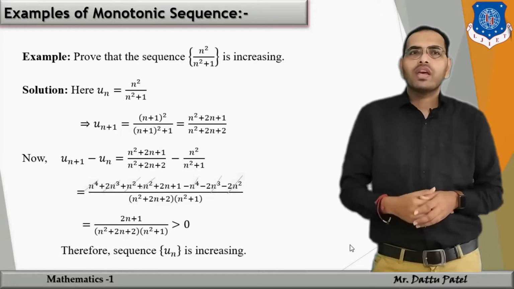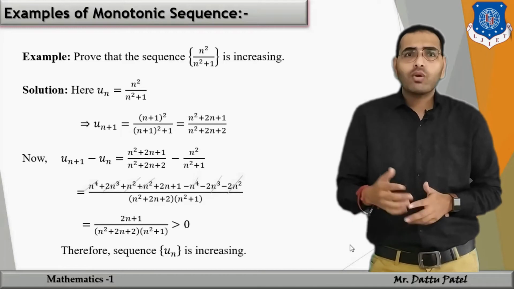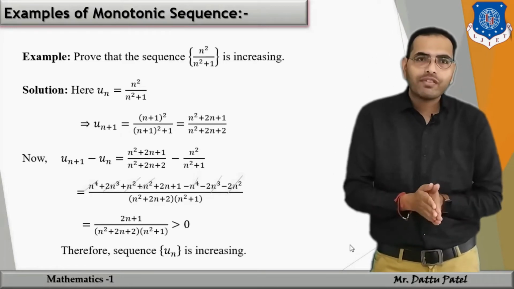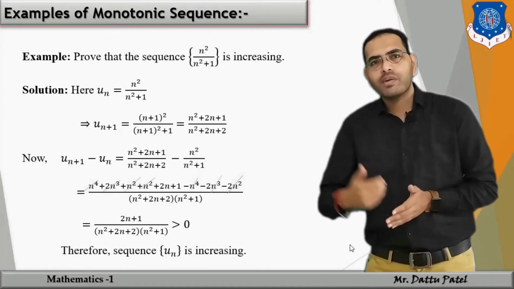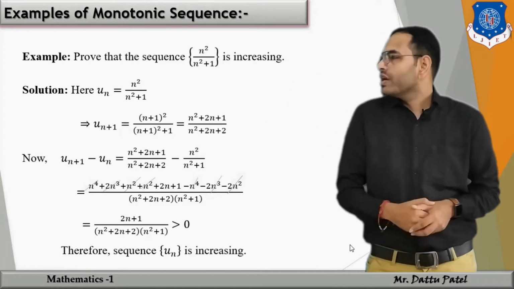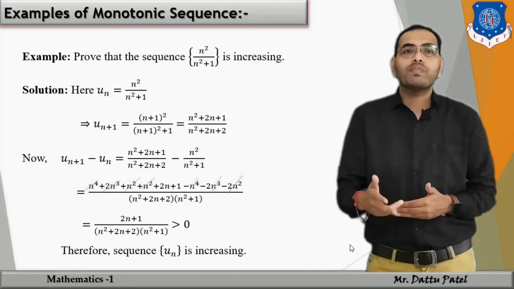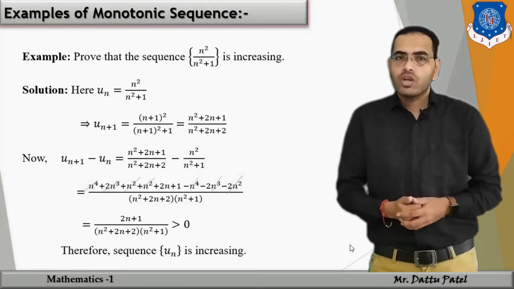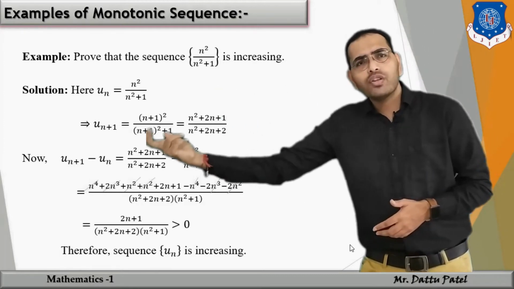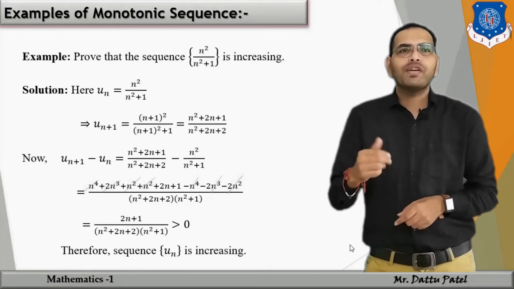Let's see. Here u_(n+1) equals (n plus 1) whole square upon (n plus 1) whole square plus 1. With the help of the basic algebra formula, we get in the numerator n square plus 2n plus 1, and in the denominator n square plus 2n plus 2. Now the subtraction of two consecutive terms, u_(n+1) minus u_n: substitute the values of u_(n+1) and u_n, cross multiply and simplify.